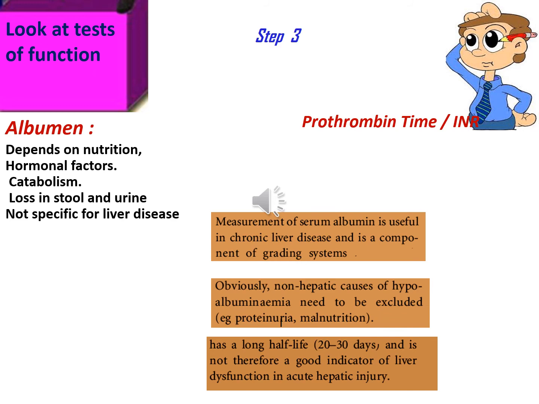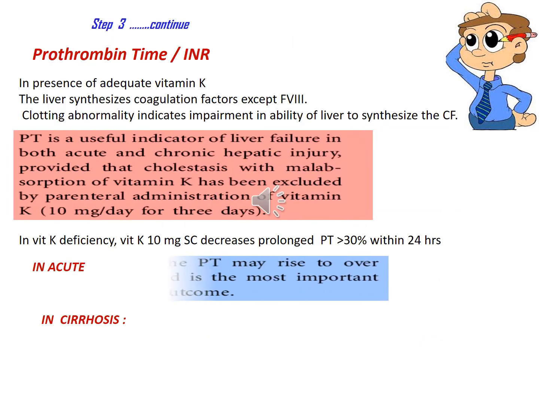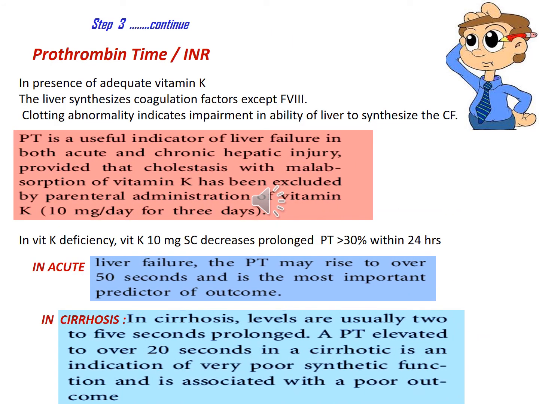On the other hand, the prothrombin time or the INR. When I say prothrombin time or INR, it is the same meaning, because the INR is another logarithmic way to express the prothrombin time.